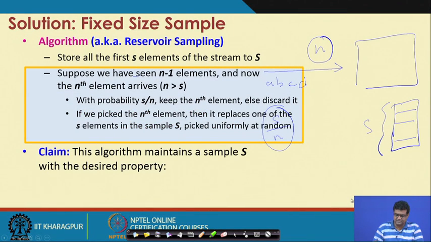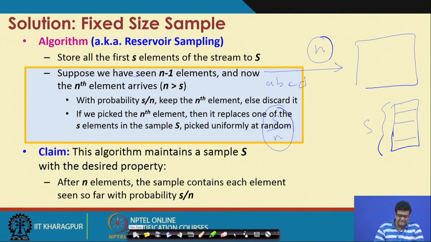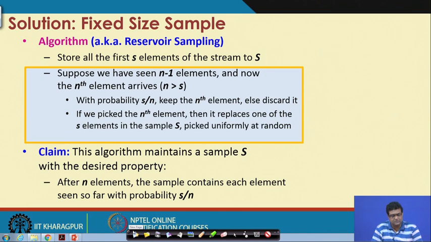So how to solve this problem? We will describe an algorithm called the reservoir sampling algorithm. The algorithm proceeds like this. You start with the starting of the stream. For the first s elements, you store all the s elements.